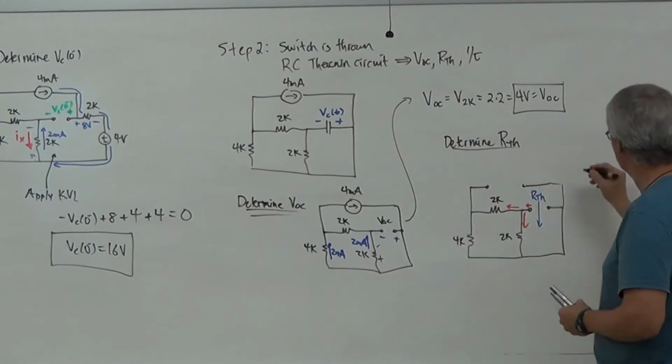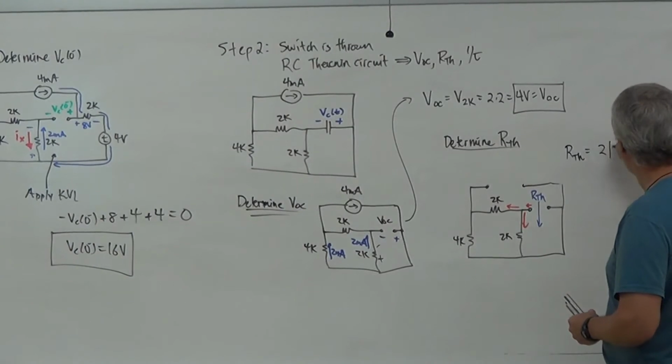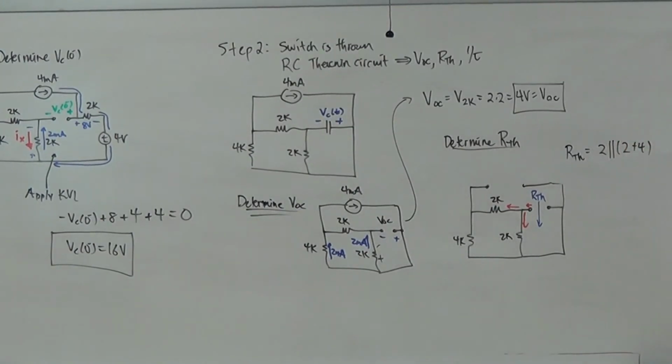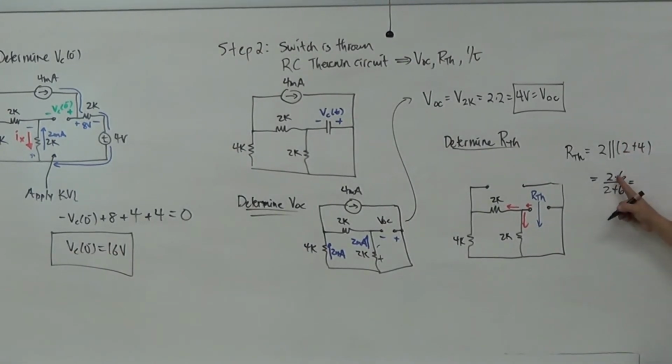So RTH has to be 2 parallel to the 2 plus 4. So it's got to be 2 times 6 over 2 plus 6. That's 12 over 8, 4/3. No. 3 over 2, 1.5, thank you.